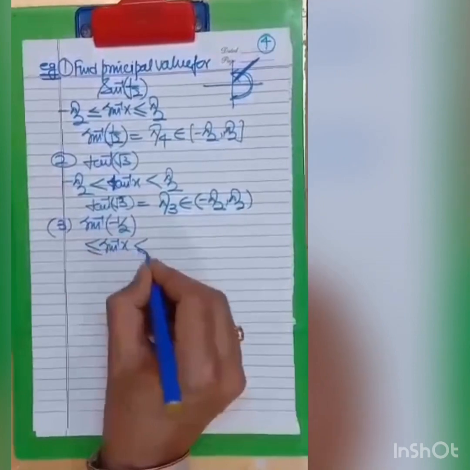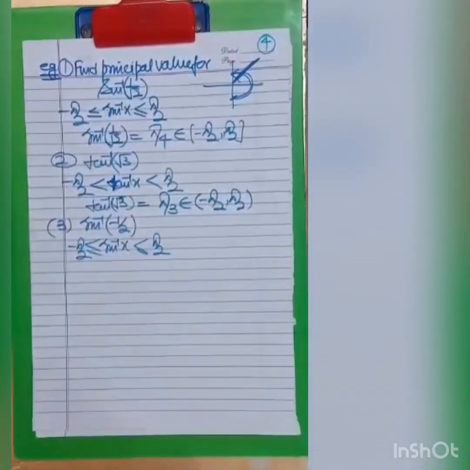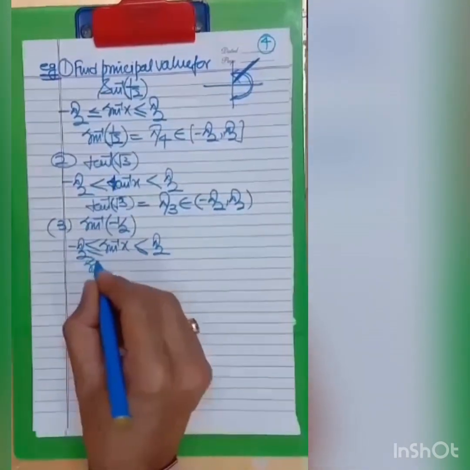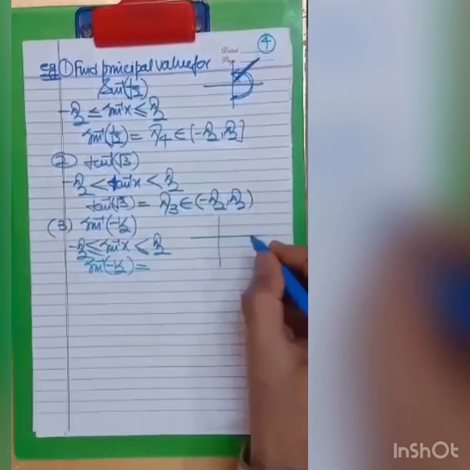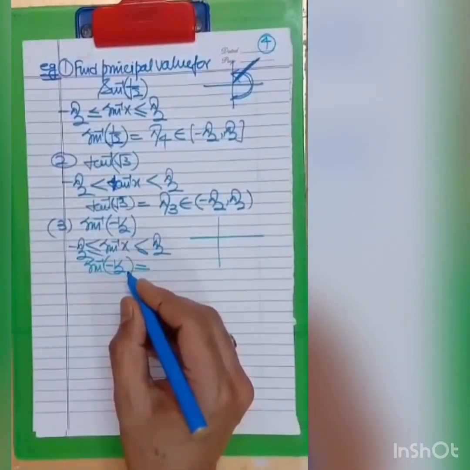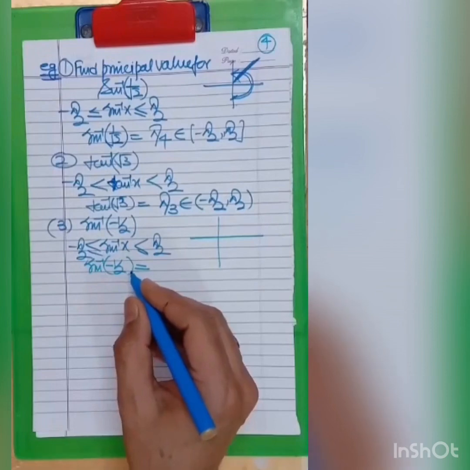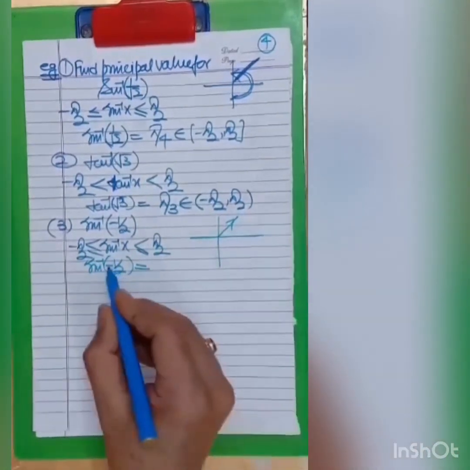Sine inverse is lying between minus pi by 2 to plus pi by 2 as I told you. In the case of the principal value branch, how to solve this question? Now children, look, sine inverse of minus half. You know the value of half in inverse trigonometric function is 30 degree. Correct? It is lying in the first quadrant, 30 degree, but it is negative.